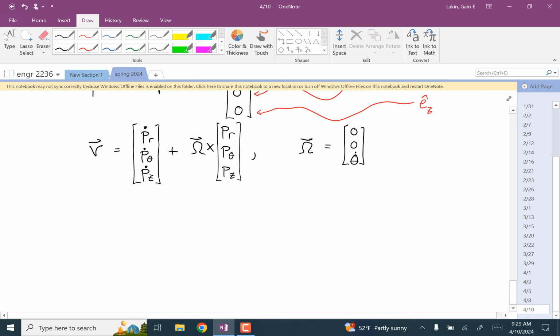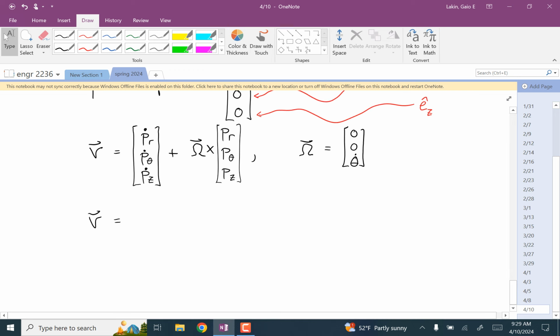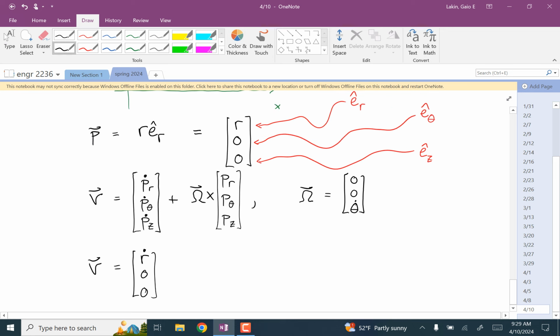Okay, so now for this velocity vector, plug in the values: you get r dot, 0, 0. I'm just bringing down the position vector and taking those time derivatives.